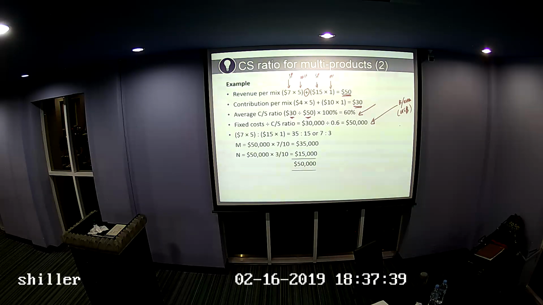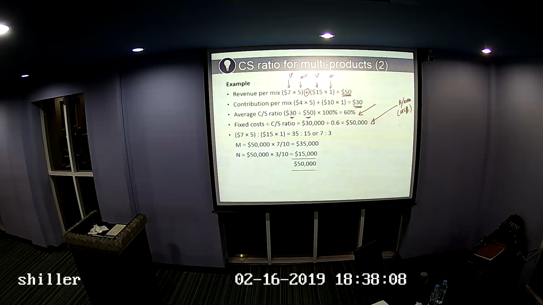This is the selling price, and this is the revenue per mix, correct? You see this? So this is now your 35 is to 50. This is now your ratio, 35 is to 15, or you can round it up. So what will I do? The 50,000, I will use the 7 out of 10, 3 out of 10. You break it down.